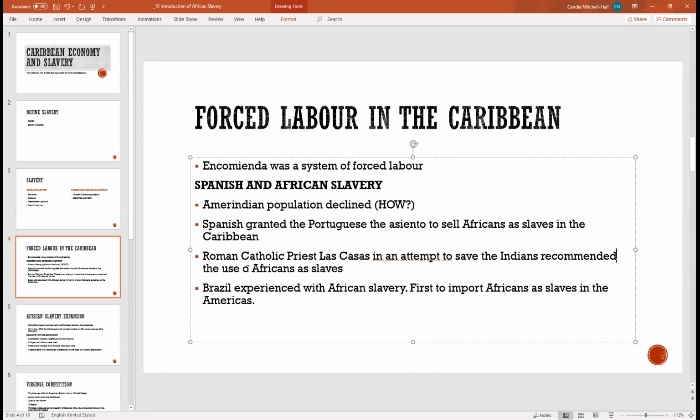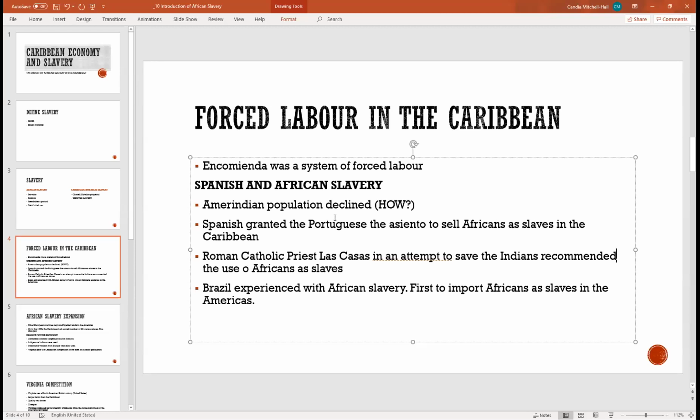Now, another thing is that you had a priest by the name of Las Casas, and he said that the Indians were treated poorly. And in order to save the Indians, the indigenous people, he recommended that Africans should be used as slaves.